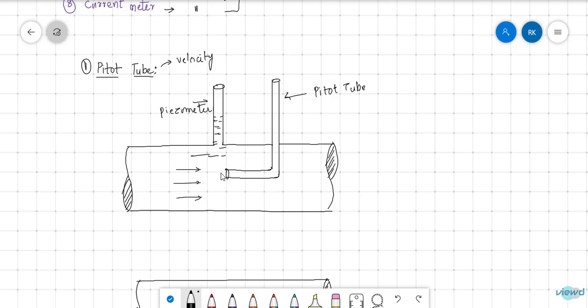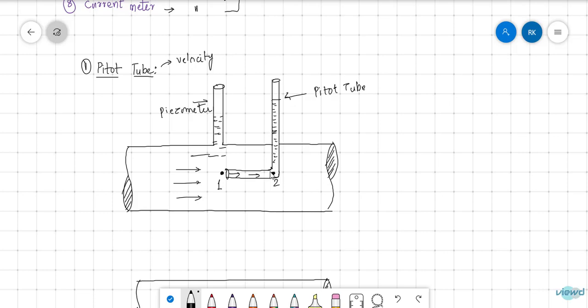In this pitot tube, let me say this is point 1 and this is point 2, and the flow is in this direction. When it comes to point 2, the velocity will be 0 at this point 2. Due to this velocity being 0, the kinetic energy is converted into pressure energy, and due to this conversion the liquid rises a little more in this pitot tube.